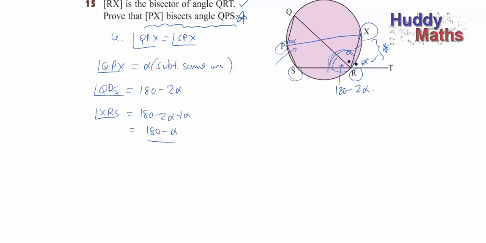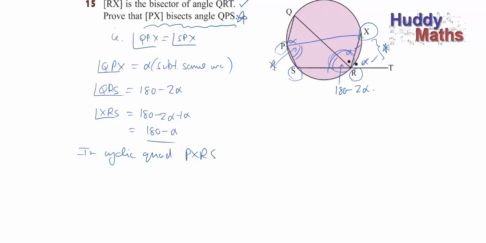So we might put that down, in cyclic quadrilateral PXRS. That was a bit of a hidden piece of given information there. We've just discovered that because we were looking at this angle up here.